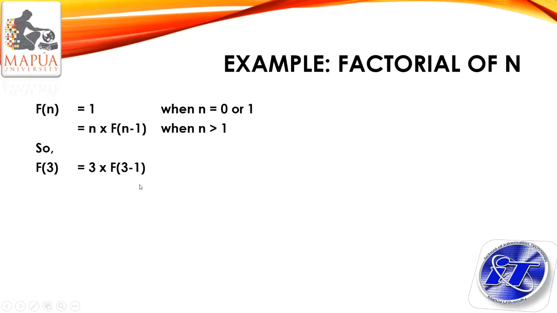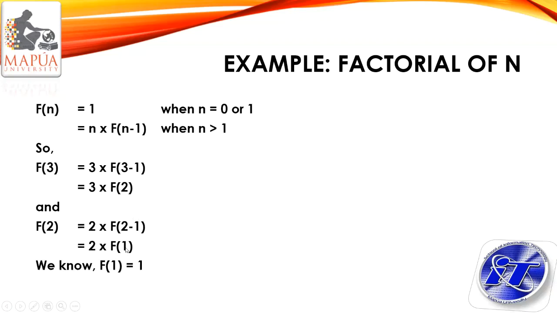So that's why we solve function at 2. How do we solve function at 2? 2 times function at 2 minus 1. We still don't know the value of function at 2 minus 1, so we solve for function at 1. And we know that function at 1 is equal to 1. So we already reached the limit, which is 1.